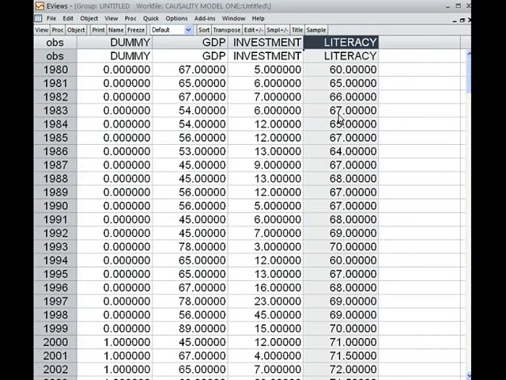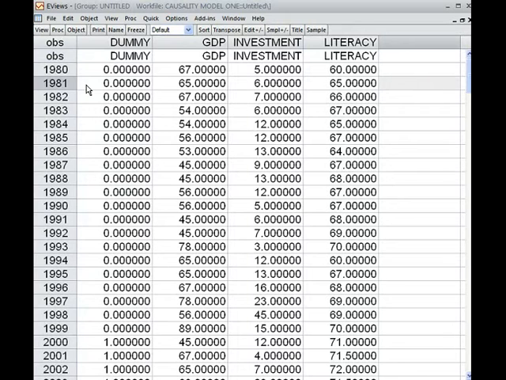Okay, these data I have taken from a country called Maria Land. Actually Maria Land is a hypothetical country. From there I have collected data, and here I have put one variable which is dummy.